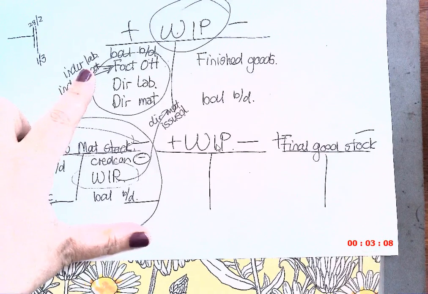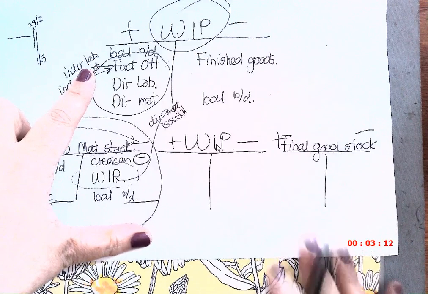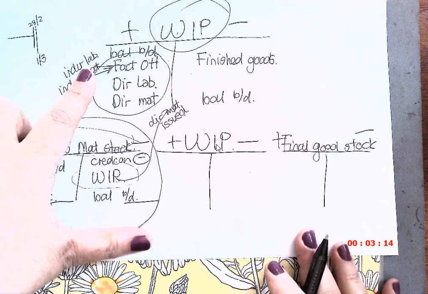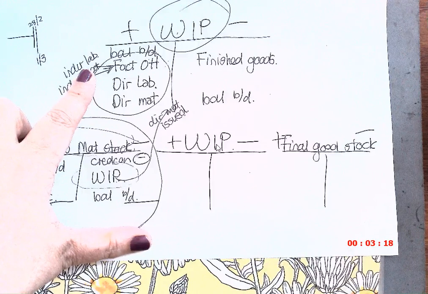They are all indirectly related to making the product. The only direct labor that you got is what I explained to you. The direct labor is the workers who are busy on the product, the line workers, right?